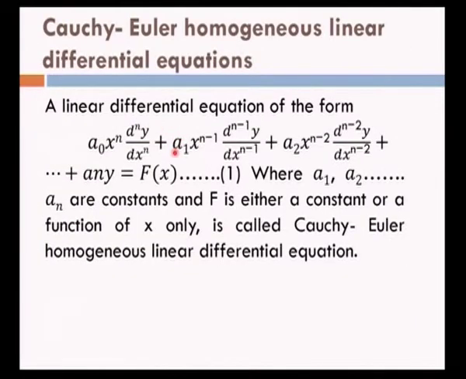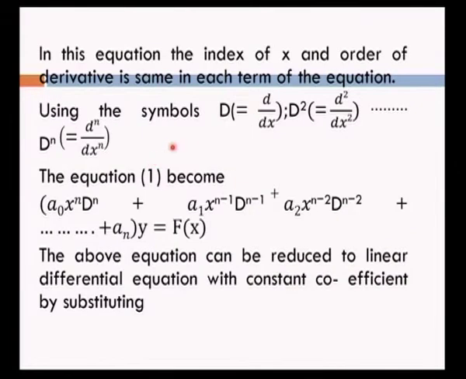This equation can be represented in simplified form, that is in operator form, by considering the symbol D is equal to d by dx and D square is equal to d square by dx square, etc. D power n is equal to d power n by dx^n. Then this equation will change to a naught x power n D^n plus a1 x power n minus 1 into D power n minus 1 plus a2 x power n minus 2 into D power n minus 2.